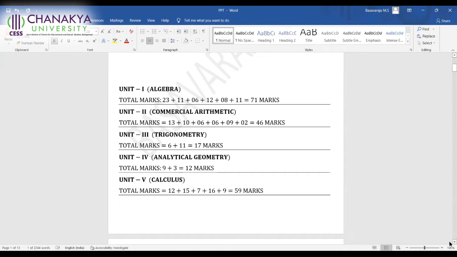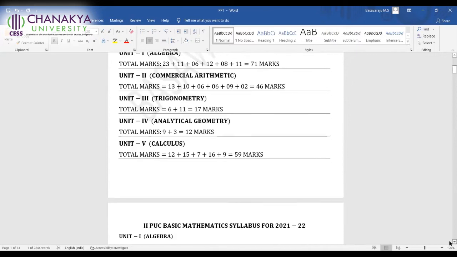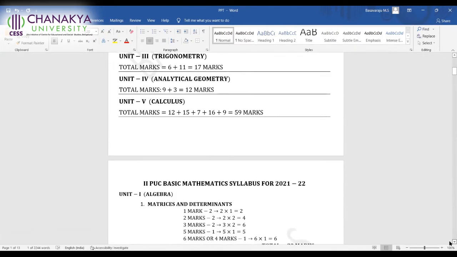If you really want to score more than 90 or 100 marks in business mathematics, focus on the first and second parts only, so that you can easily score more than 100. In case you are really good in calculus, if you practice calculus other than commercial arithmetic, you can focus on the calculus part to score 59 marks, so that you can cross 100. Hope you know that this time the question paper is for 195 marks.